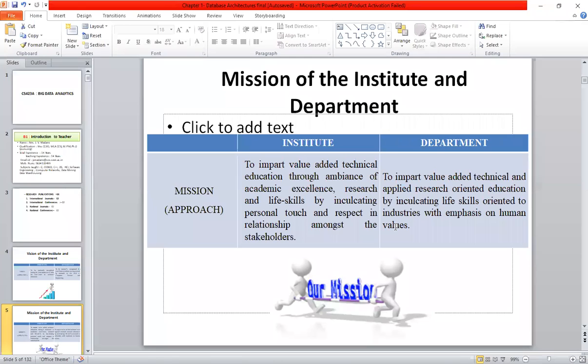Then the mission. Like the vision, the institute has a mission, and the department also has a mission.